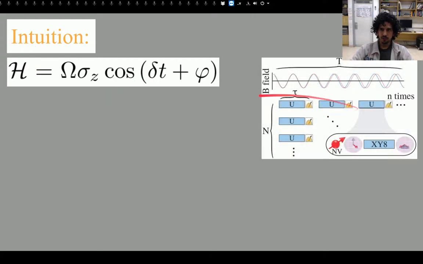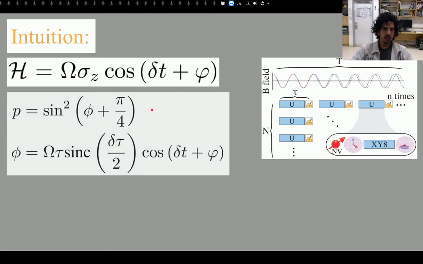So with this measurement scheme in mind, we can write down the probability function for each single measurement, where phi is the phase accumulated by our sensor, omega is the amplitude of the signal, tau is the measurement time for a single measurement, delta is the frequency, and phi here is the phase of the signal.